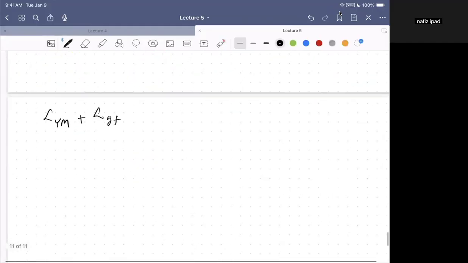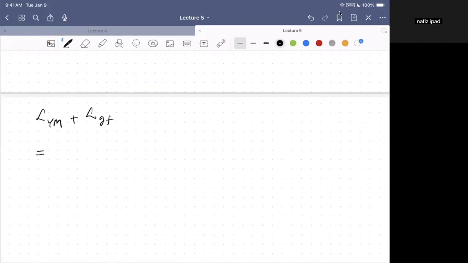If you carefully expand all of the derivatives in these terms, what you find is, of course, I'm copying this from what I wrote down earlier.